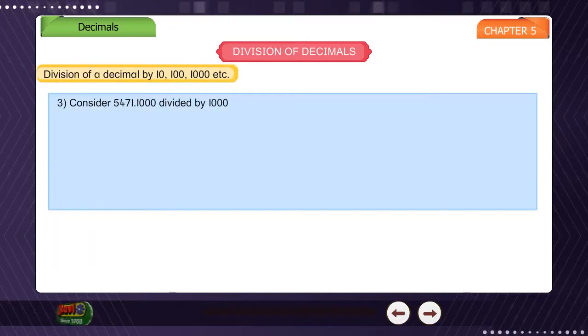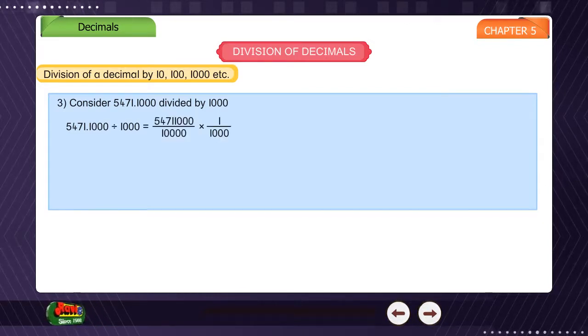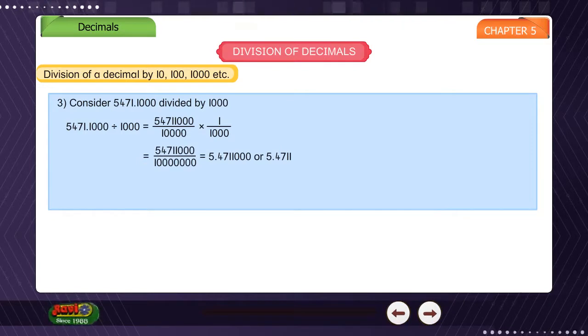3. Consider 5,471.1000 divided by 1000. 5,471.1000 divided by 1000 is equal to 5,47,11,000 by 10,000 into 1 by 1000, which is equal to 5,47,11,000 by 1 crore, which is equal to 5.4711000 or 5.4711.